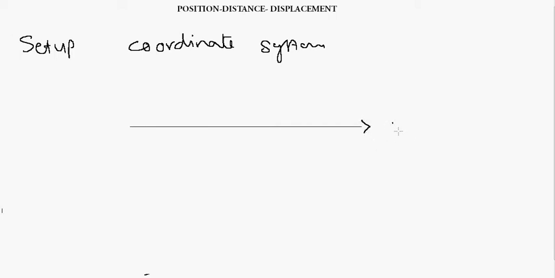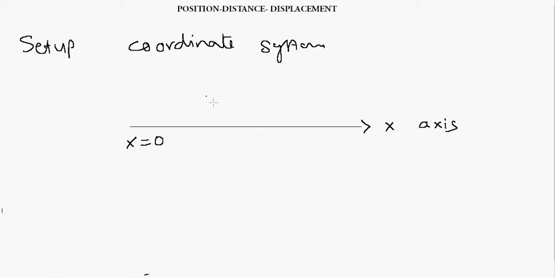The arrow indicates this is positive x-axis, and I choose the origin to be at x equals to 0. So this is the coordinate system. Once you choose the coordinate system, you must be consistent with it throughout the calculations that follow.